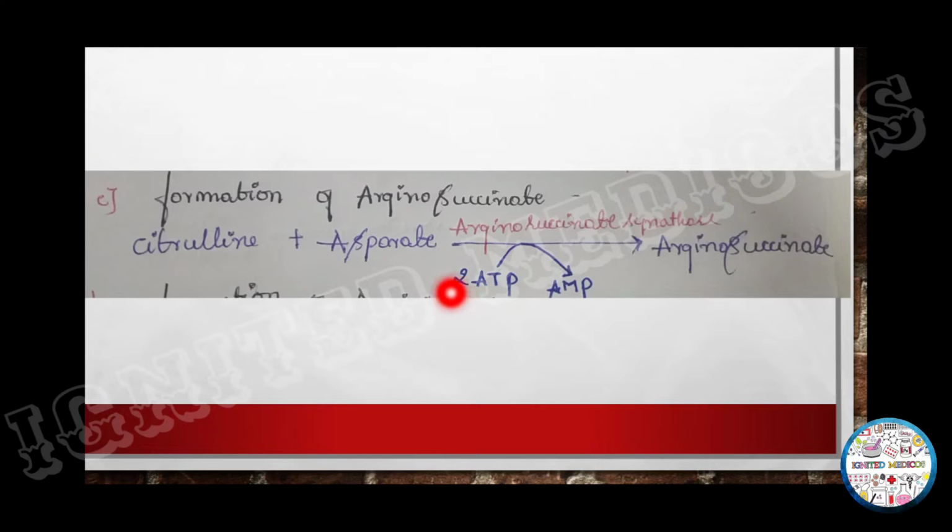Here ATP is converted into AMP, so there will be 2 ATPs involved in this reaction. In the first step there are 2 ATPs involved, and here there are 2 ATPs involved. So remember this point.